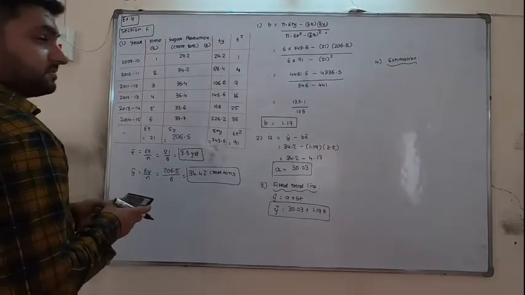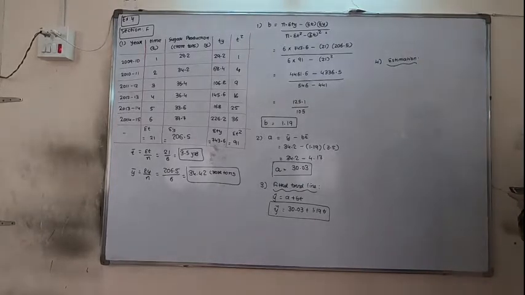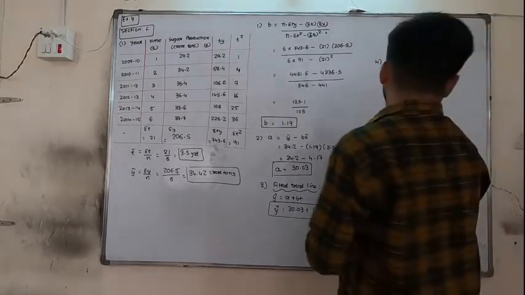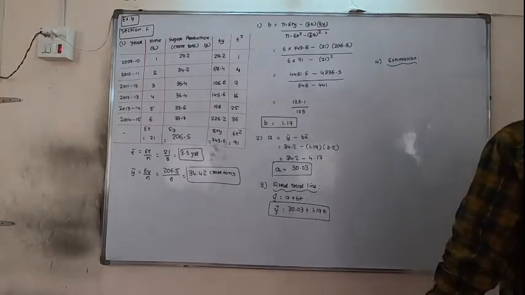Let me check it once. 29.2, 34.2, 35.4, 36.4, 33.6, 37.7. Some error will be there. No problem. Now we have to estimate the production for 16-17 and 17-18.